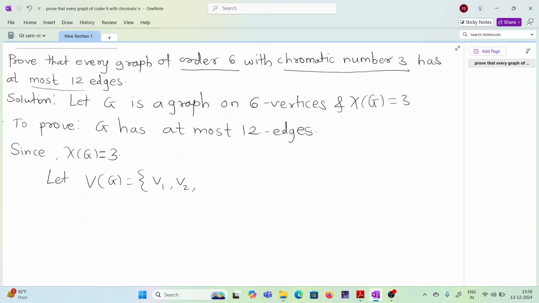Let the vertex set of G be U1, U2, U3, U4, U5 and U6.